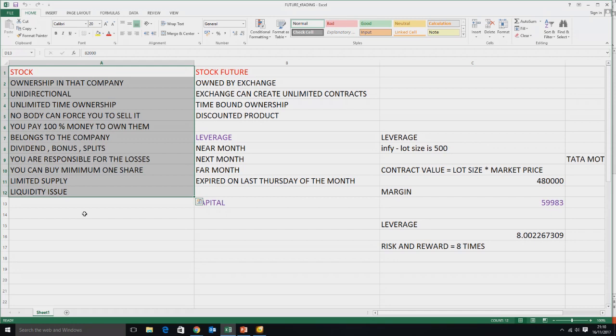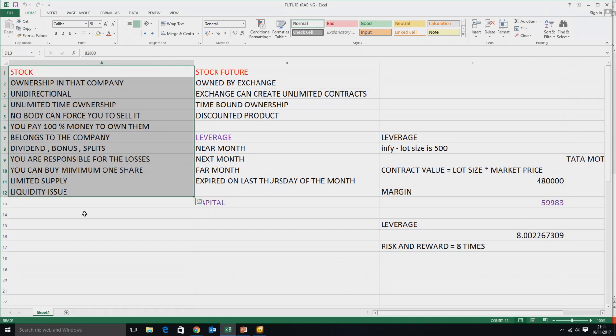In stocks, they are limited in number, so you have a limited supply because the number of shares of a particular company is defined. And if there is less interest from the participants in the market about that particular stock, people will face a liquidity issue, because say if you have bought something and you want to sell it, you need a buyer.